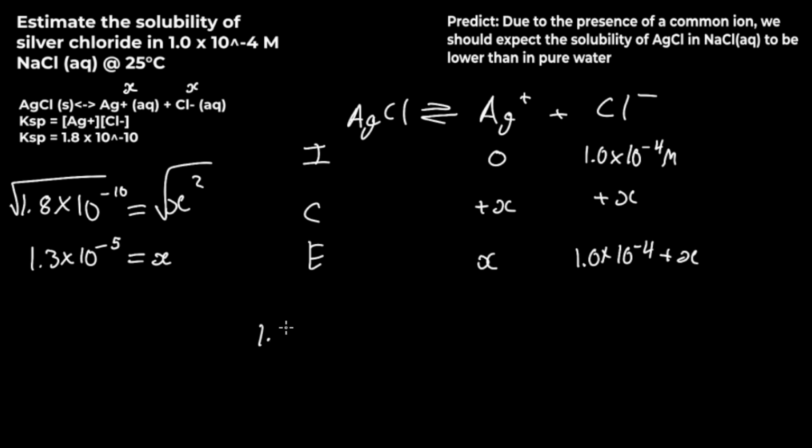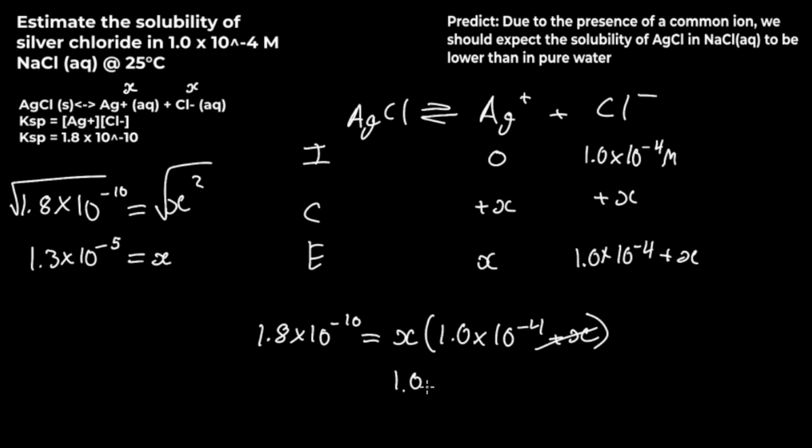So that means our KSP, 1.8 times 10 to the negative 10th, is going to be equal to X times 1.0 times 10 to the negative 4th plus X. Remember from before, we can disregard this X, so we'll just have 1.0 times 10 to the negative fourth X equals 1.8 times 10 to the negative 10th.